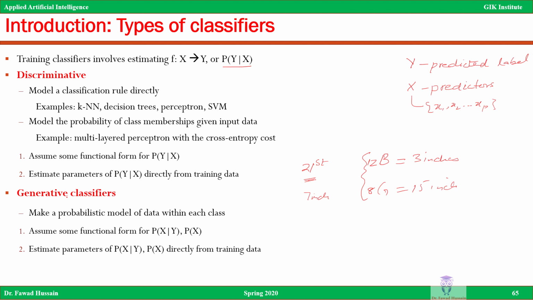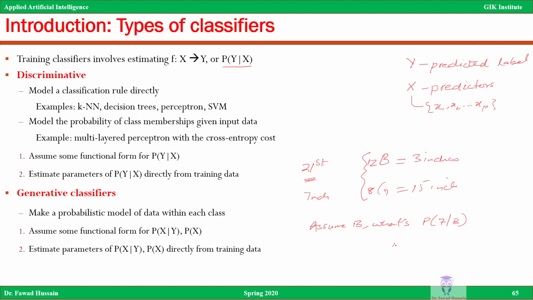In the case of the generative classifier, we again look at this 7 inches, but in this case we say, okay, let's assume it's a boy. What's the probability that the hair will be 7 inches given that it is a boy?